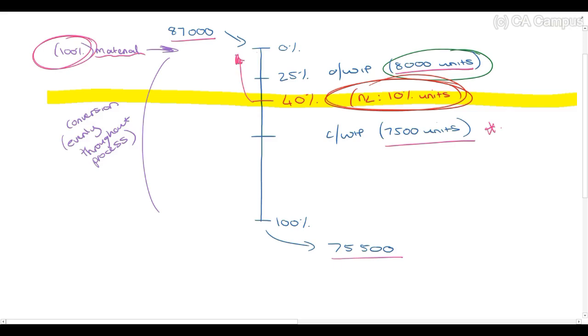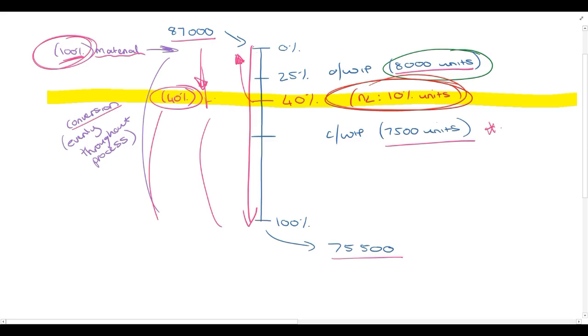However, at this point, I've actually only done 40% of my labor and overhead costs. I've only incurred 40% of my conversion costs. The other 60% is going to happen after that. So only 40% of my conversion costs are going to be affected by the loss. The other 60% are not affected by the loss.